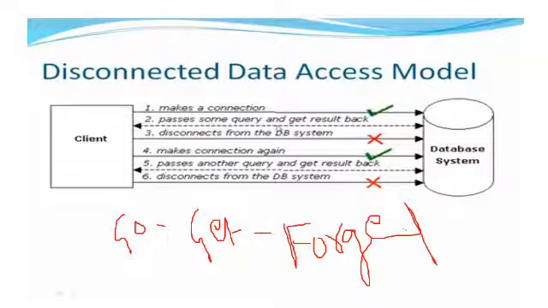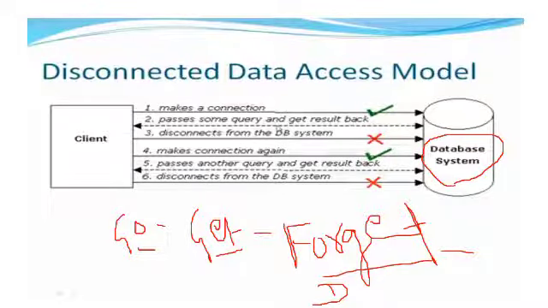That means you are connected, you get the data or do some manipulation, and disconnect. Here the database will be disconnected at some point, that means not on the network, which keeps a secured environment.